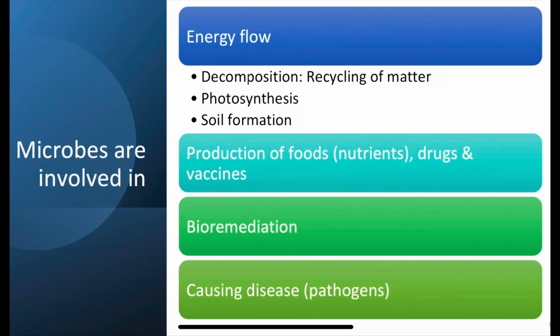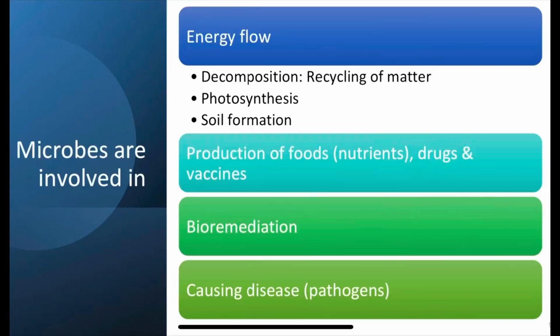Microbes are involved in an important process which involves energy flow. Some examples are the decomposers. Anytime something is dead, whether it's plants, leaves, humans, animals, there are certain microbes like fungal organisms which are right on top of that. They decompose and recycle a lot of the material. They're important to us.